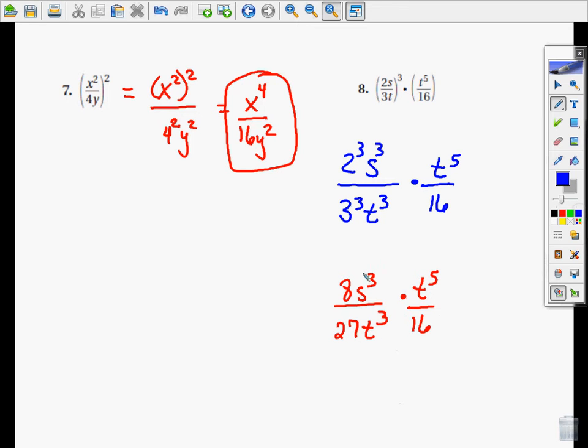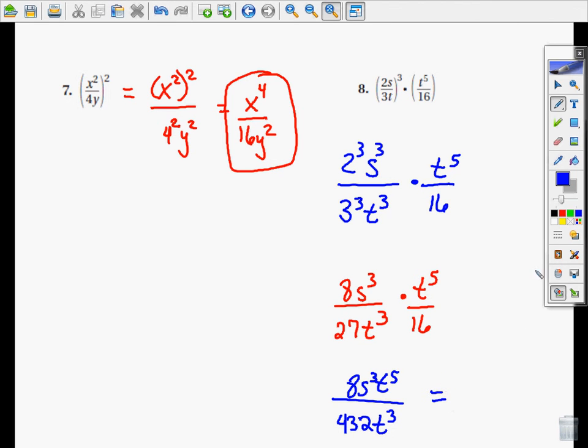Now I'm going to go ahead and multiply. 8s to the 3rd times t to the 5th is simply 8s to the 3rd t to the 5th. And 27 times 16, let's see what that is. 27 times 16 is 432 t to the 3rd.